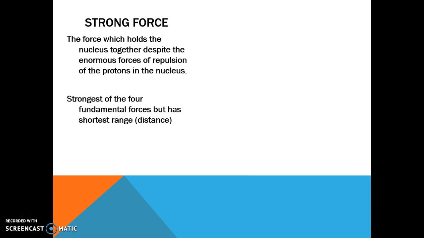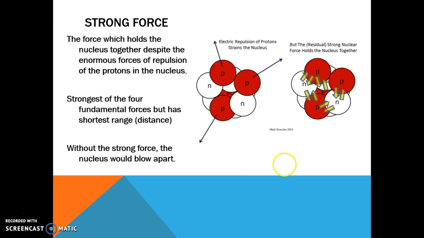So as soon as you start piling on more protons and more neutrons, that strong force actually starts to diminish. And without the strong force, you would actually have the nucleus blown apart because of that huge electromagnetic repulsion between all the protons. The strong force is what holds everything together. So without that, there would be no nucleus. It would blow apart.